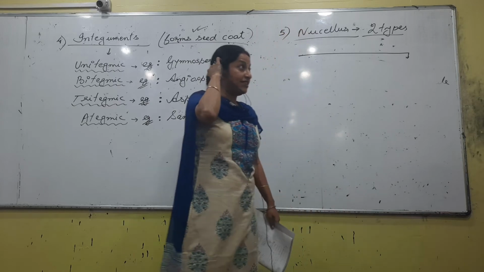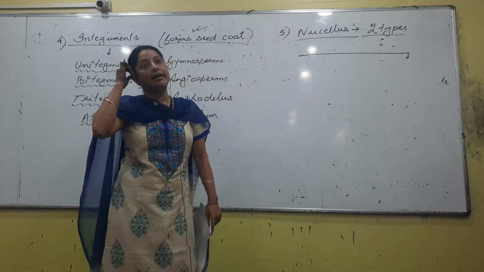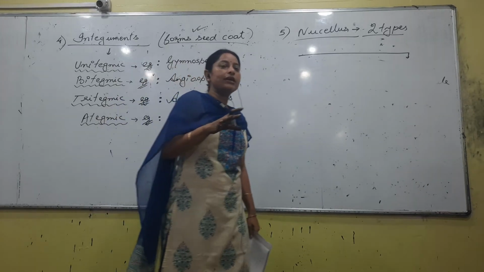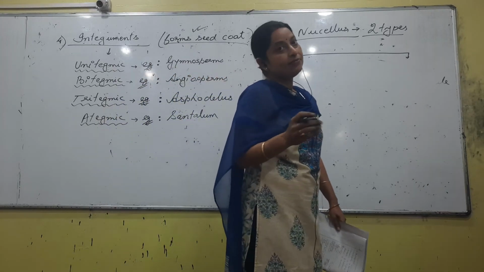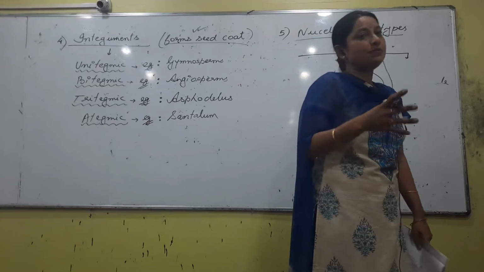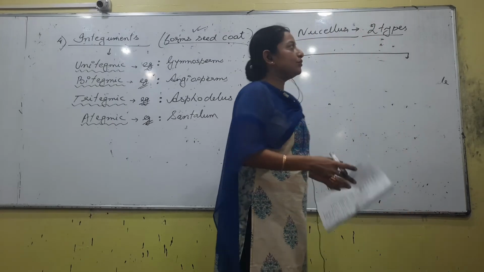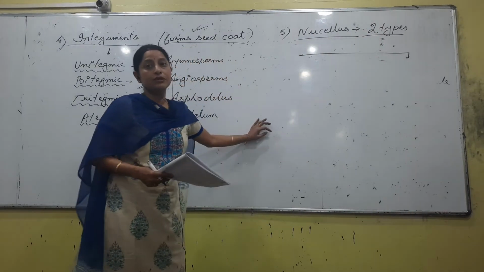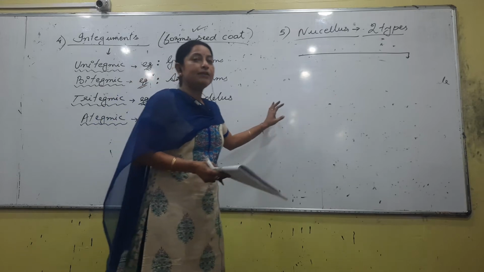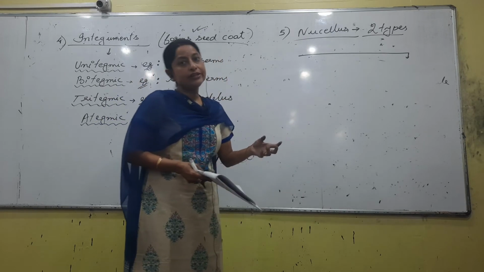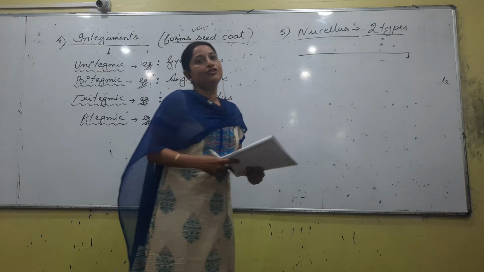Nucellar cells are generally diploid, right, because it's a part of the female reproductive part also, right? But we have triploid condition also in nucellar tissues, right? But mainly we know that it's a part of the sporophyte, so it is obviously diploid.